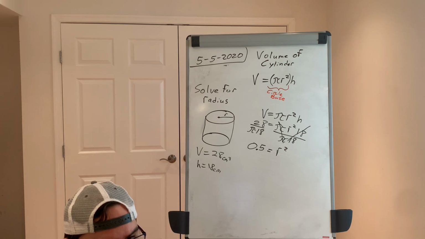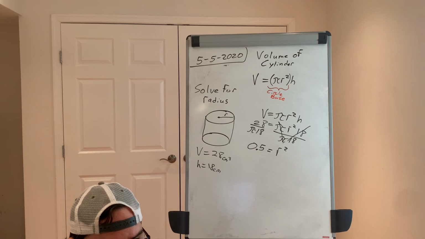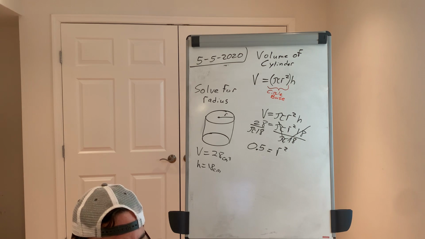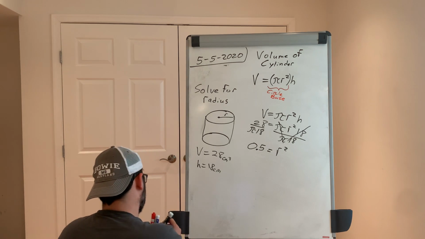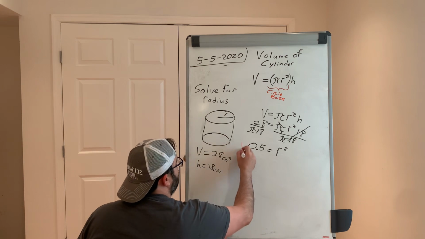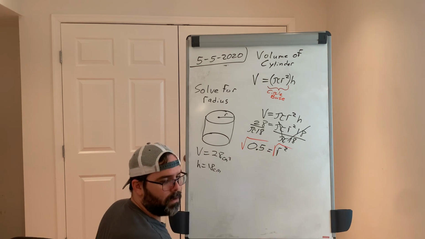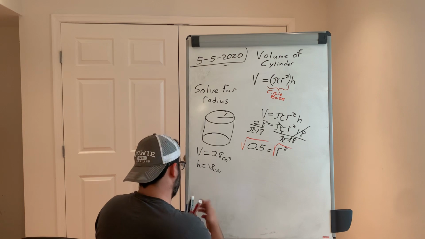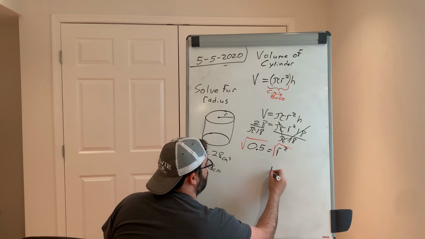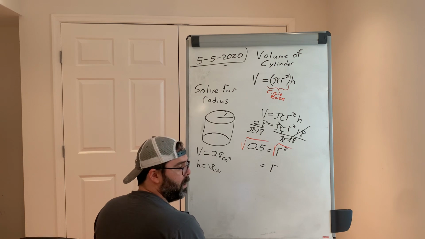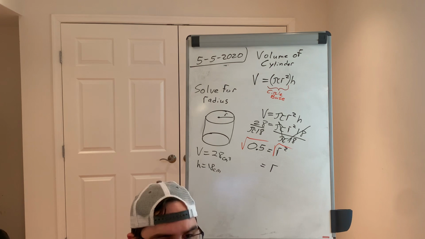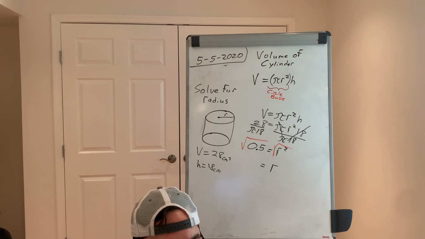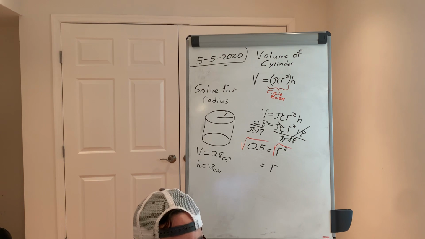Okay. All right, so I have the radius squared equals 0.5. I don't want to know what that is. I want to know what just the radius is. So I'm going to take the square root of both sides. What's the square root of r squared? Is just r. And r equals here, the square root of 0.5. I'm actually going to use the 0.495187118414552, the number I had on my calculator. I'm just going to take the square root of that.